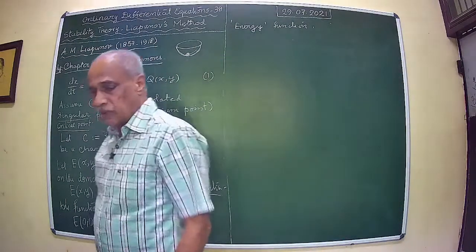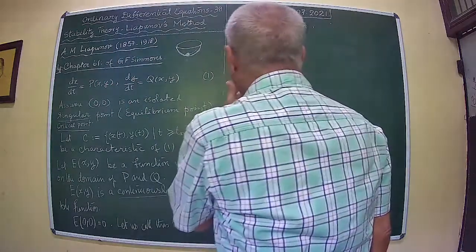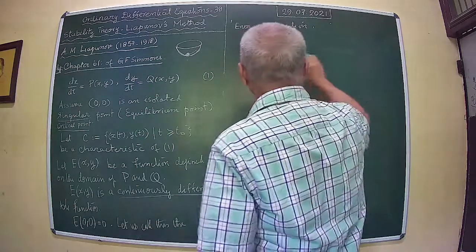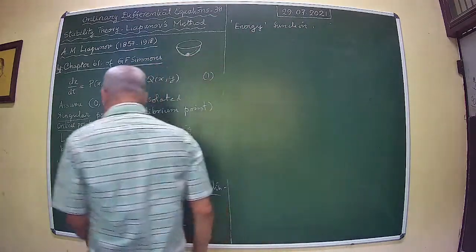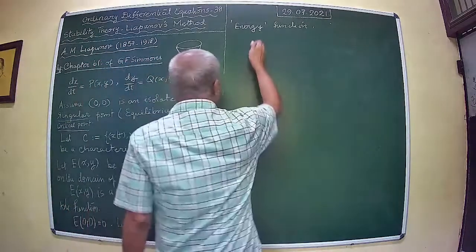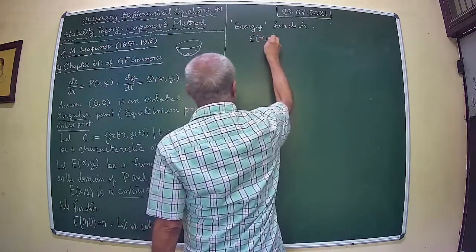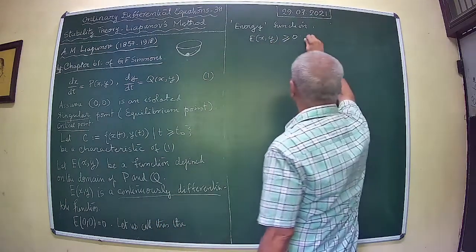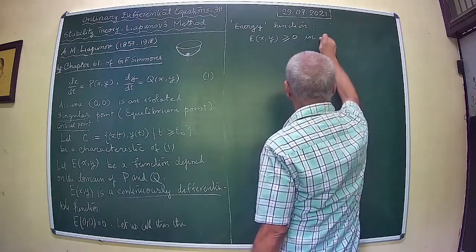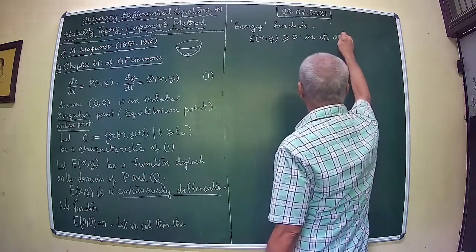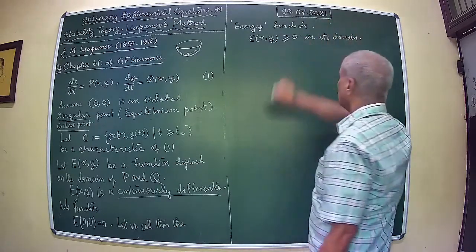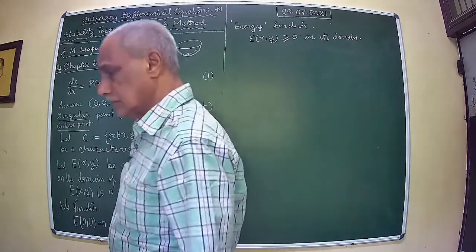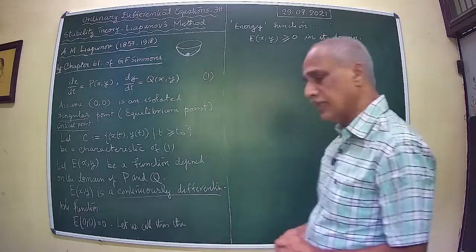Okay. Now we also assume that E(x, y) is greater than or equal to 0 in its domain, and at (0, 0), E is 0.